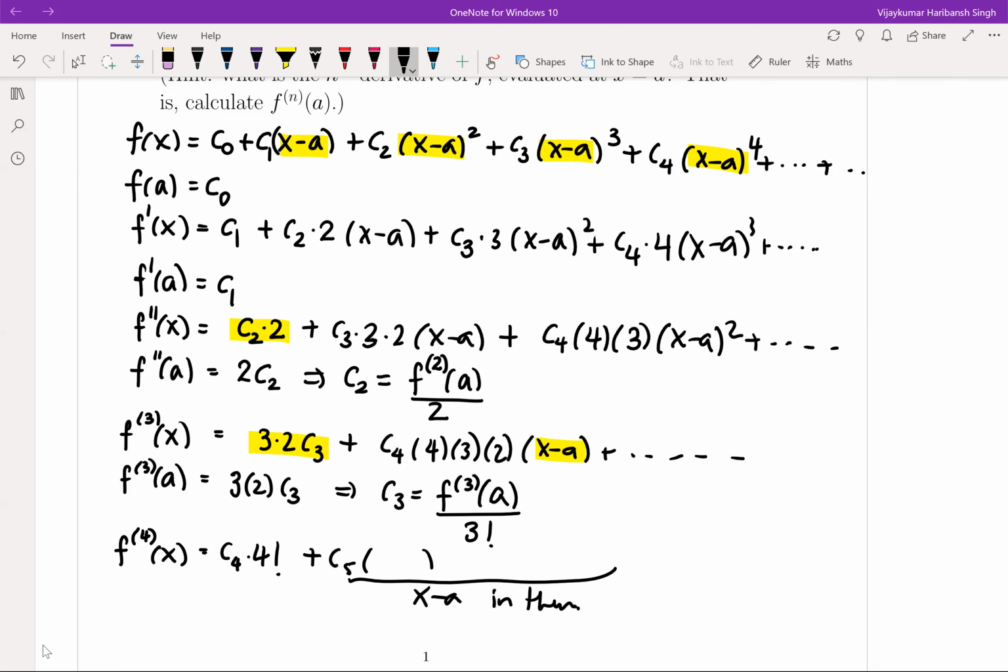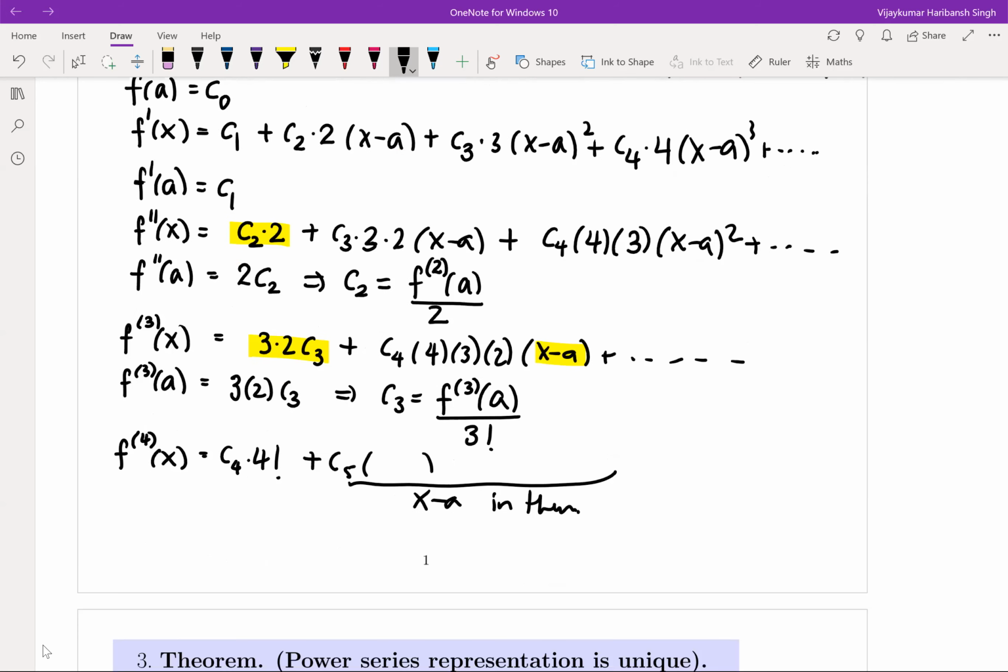So again, this implies the fourth derivative of f at a is going to be c4 times 4 factorial, or this gives us c4 equals the fourth derivative of f at a divided by 4 factorial. So we can get it that way.